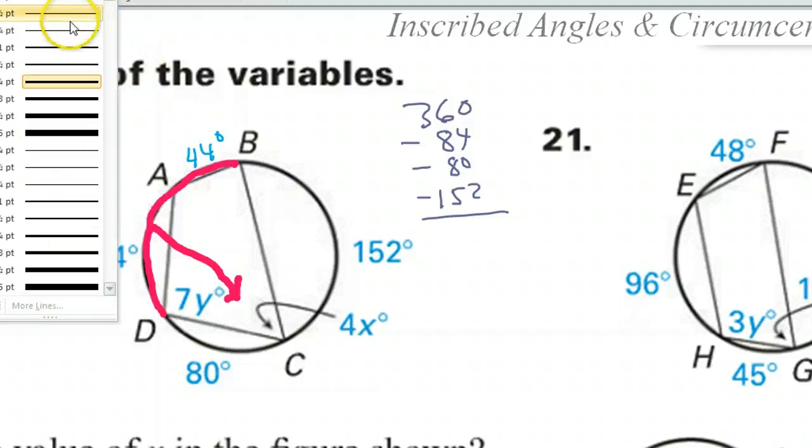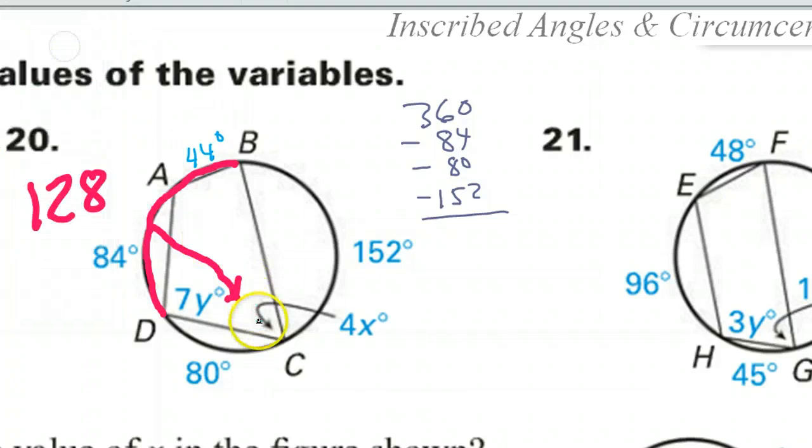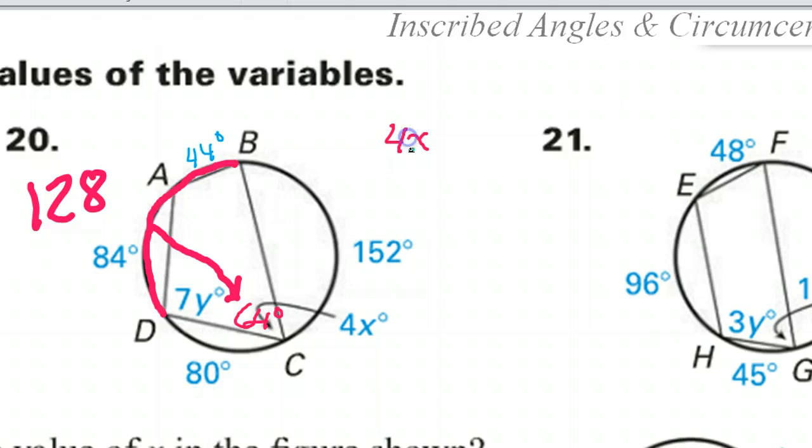Okay, so this is a 64-degree angle. Now, this angle is labeled as 4x. So what does that tell you? So that gives us a tiny little equation that 4x should equal this 64 degrees.